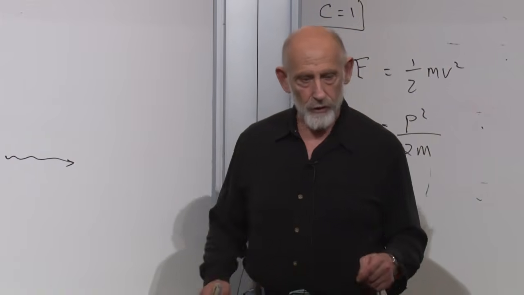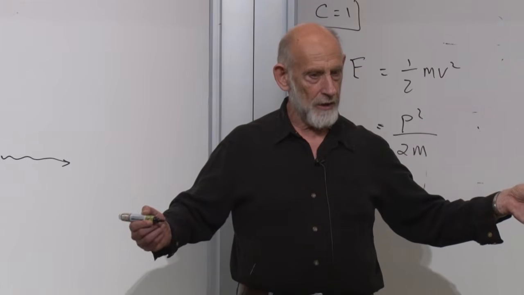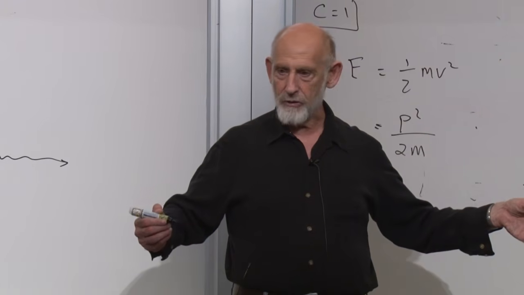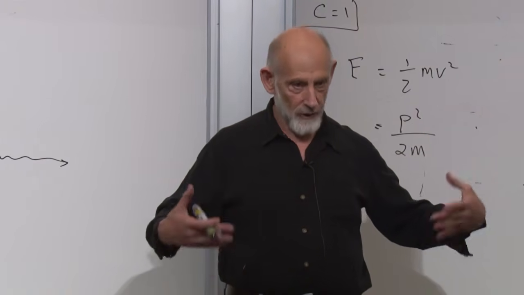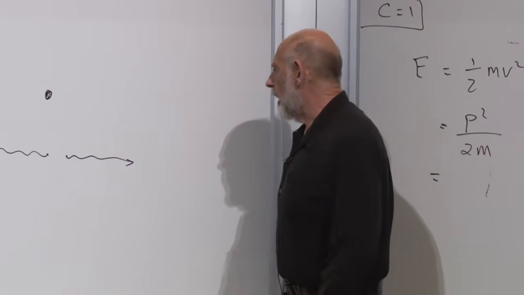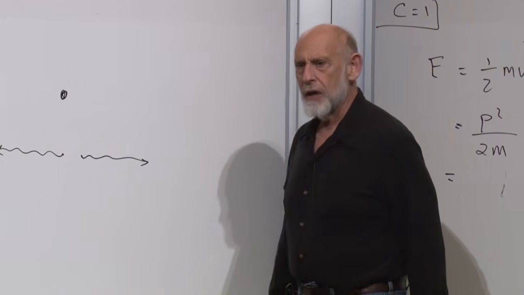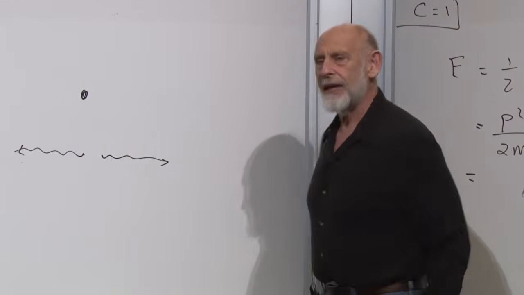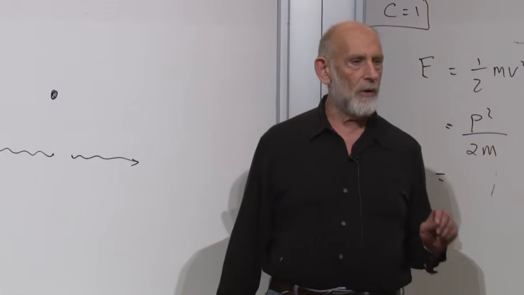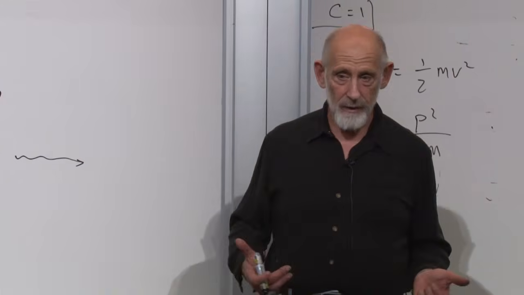The first conclusion is the photons must go off back to back in opposite directions. If they don't go off in opposite directions, it's quite clear the total momentum will not be 0. So they have to go off in opposite directions, and they must have exactly equal, back to back, equal and opposite momentum.